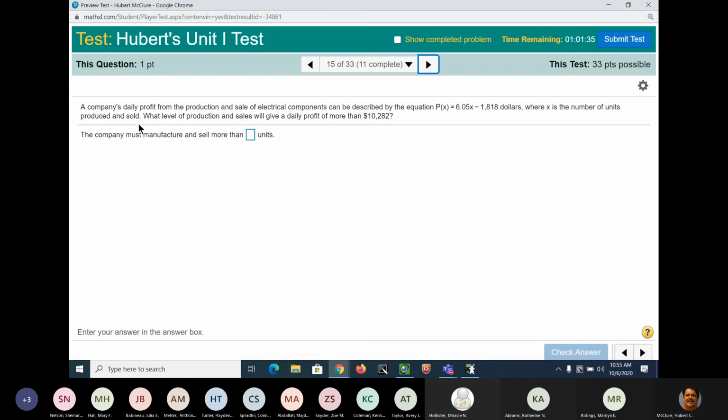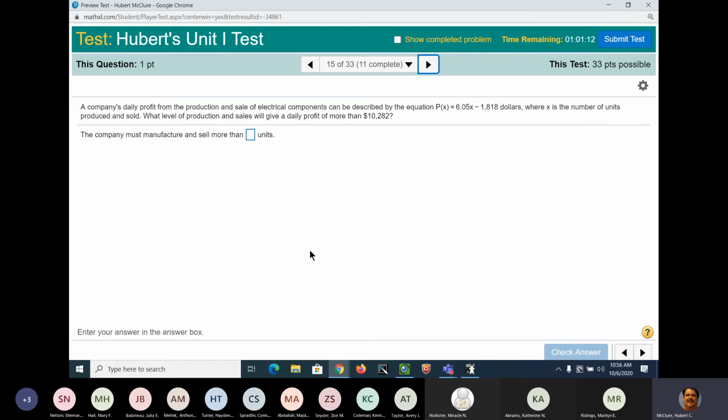A company's daily profit of the production and sale of electronic inputs is blah, blah, blah, where X is the number of units. We already did one like this one. So set that one. What level of production and sales will give you a daily profit of 10,000? So set this equal to 10,282.